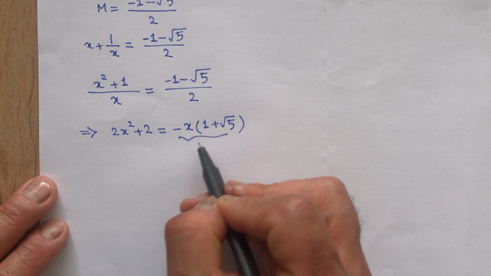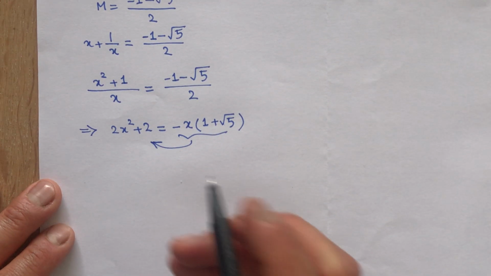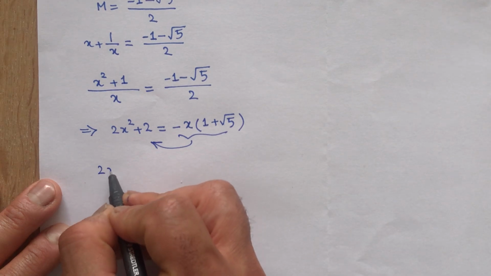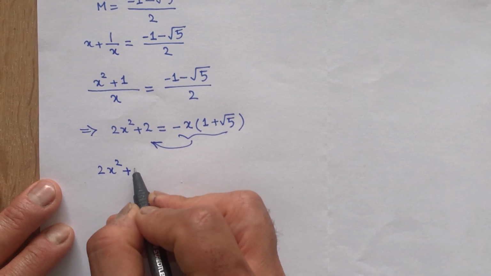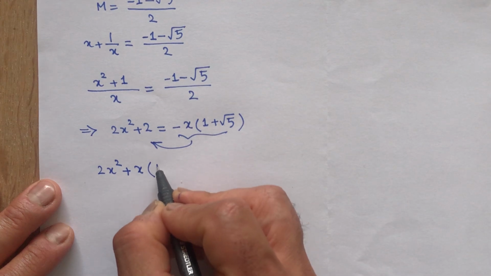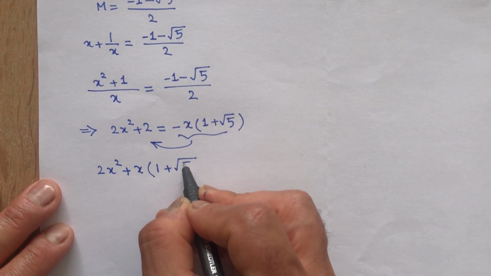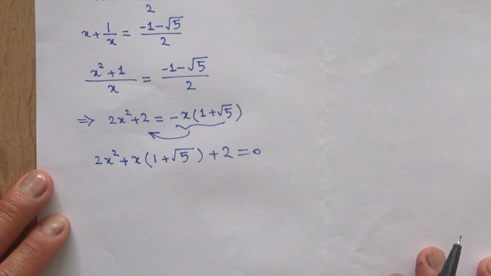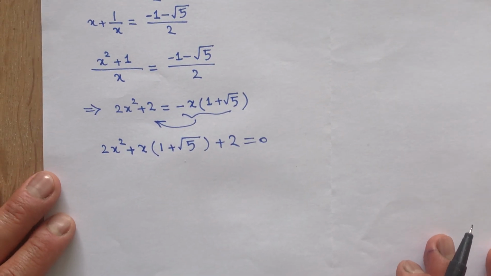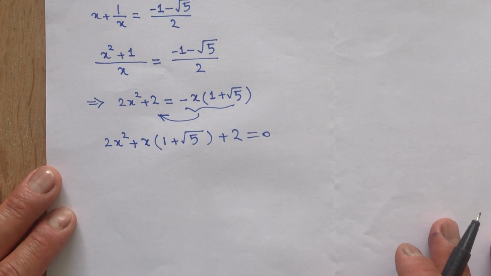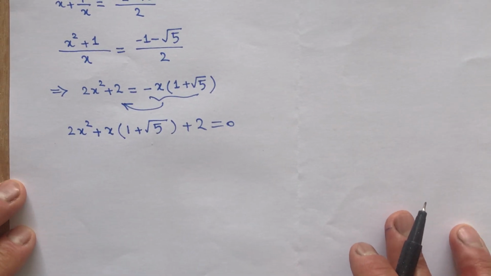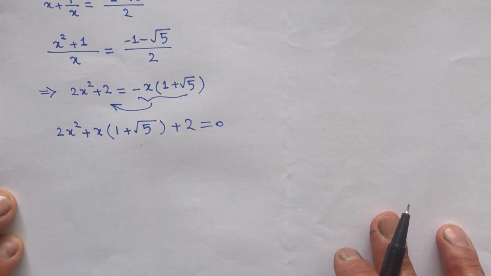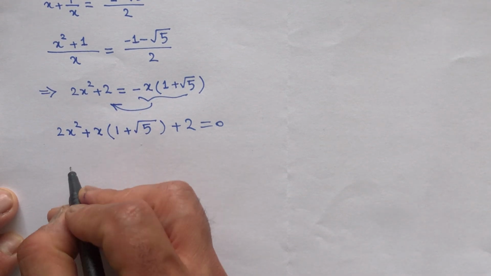And when I take this term to the left, 2x squared plus x times 1 plus square root of 5 plus 2 equals 0. Okay, now again, I can find the solution of this equation with the quadratic formula.